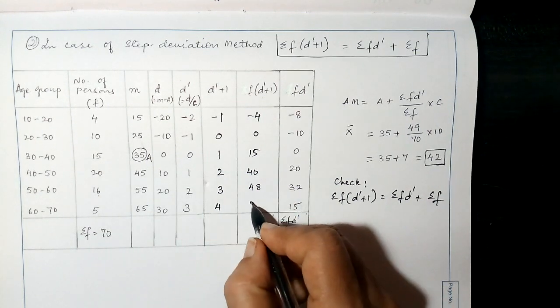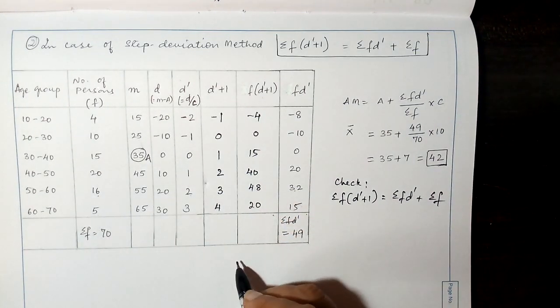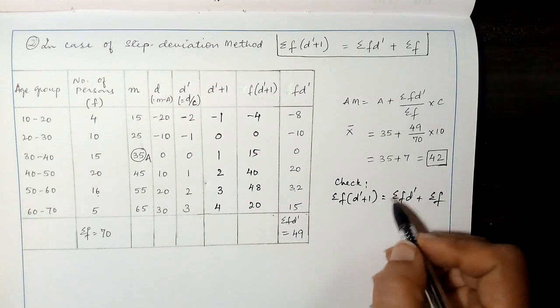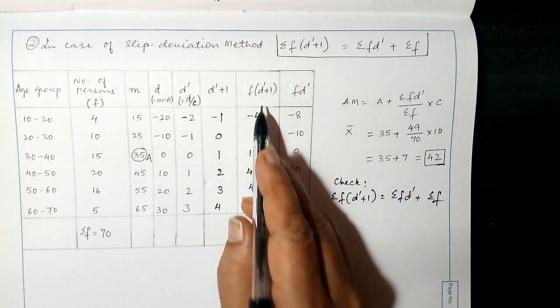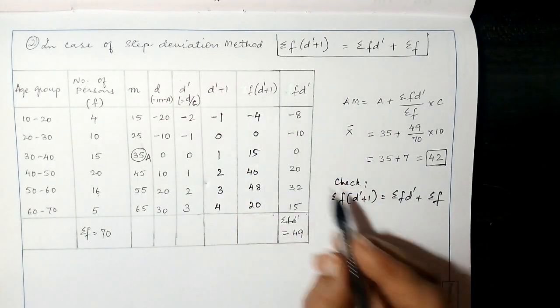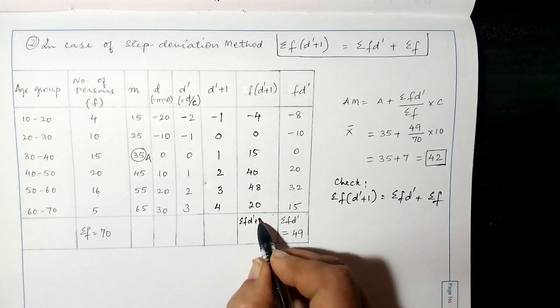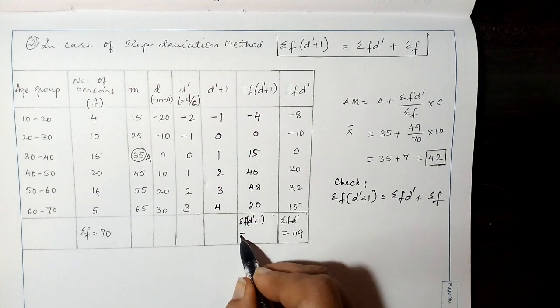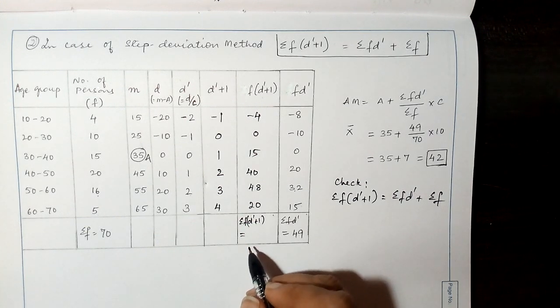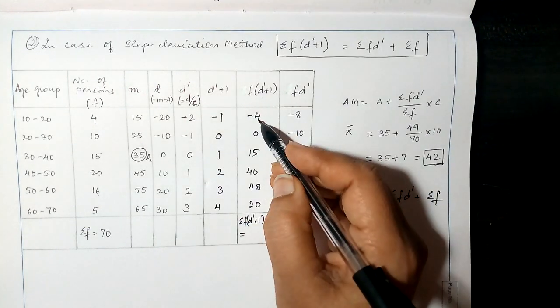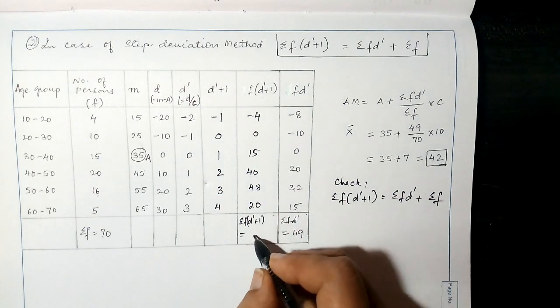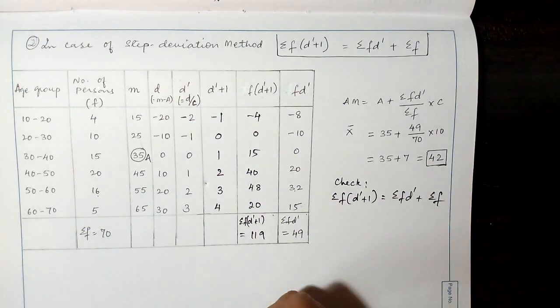And 5 into 4 is 20. Now, in the formula, sigma f d dash plus 1 is asked. So we have to calculate sigma f d dash plus 1. So you add this and minus 4, you will get 119.